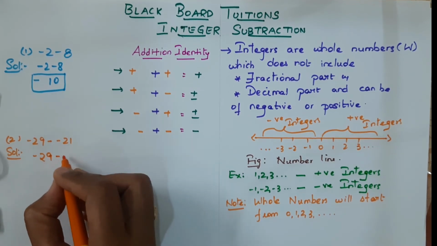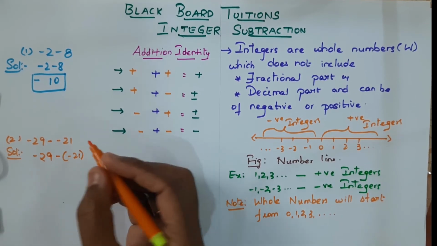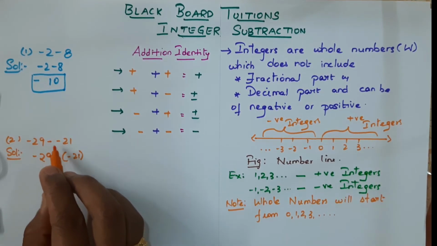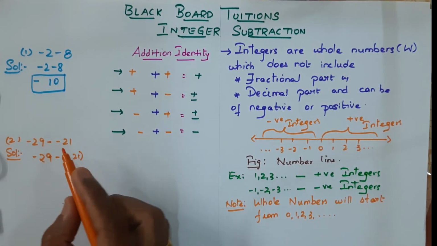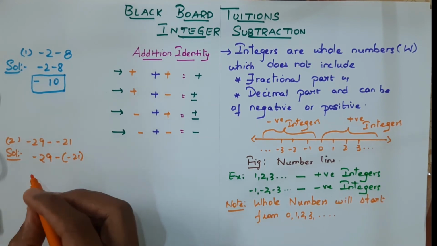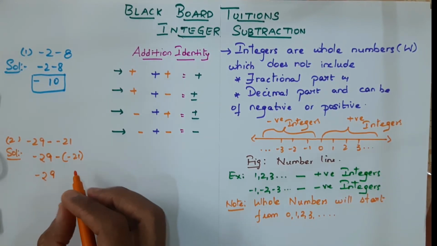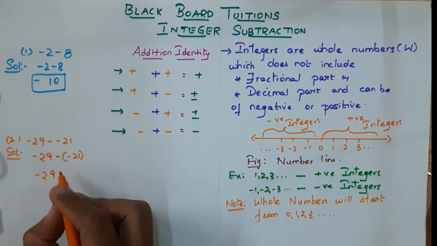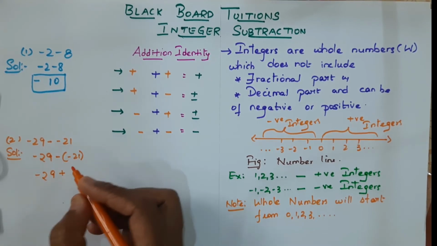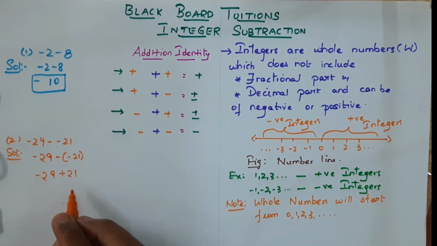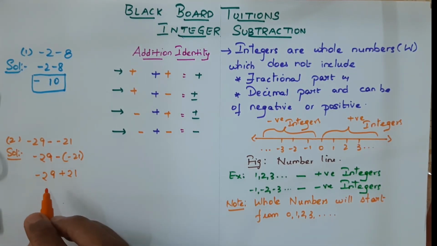Minus of -21: we have to consider these two minuses as a multiplication between two minuses. So minus of -21 with -29, minus of minus is nothing but plus. Minus into minus is nothing but plus. So 21.